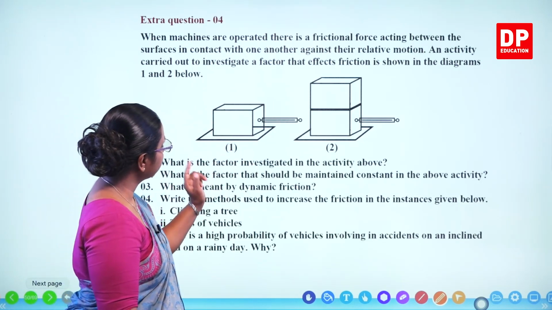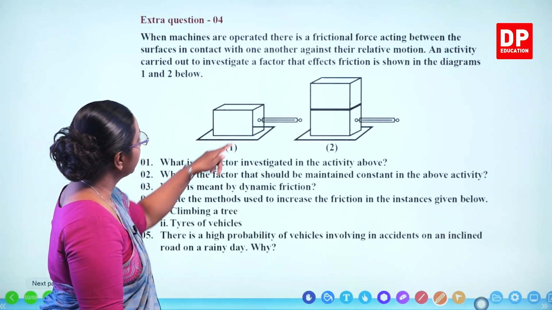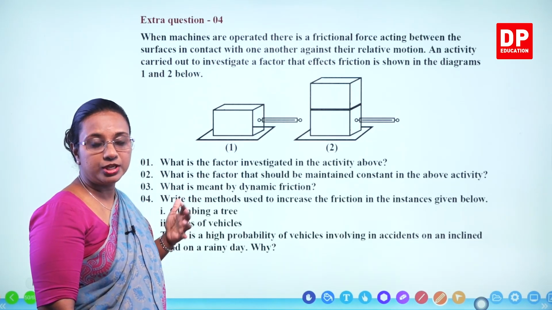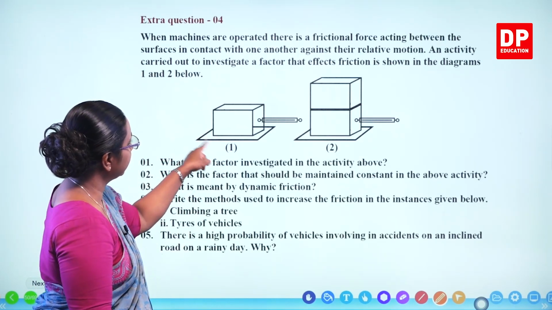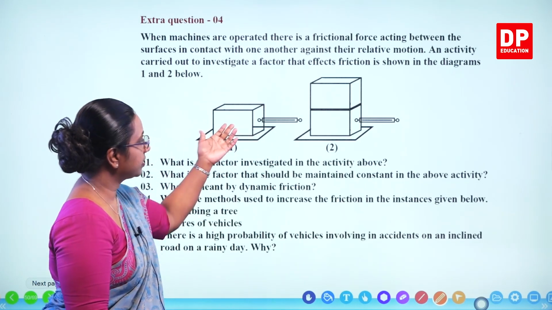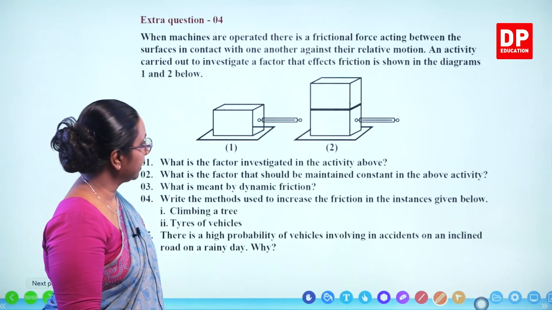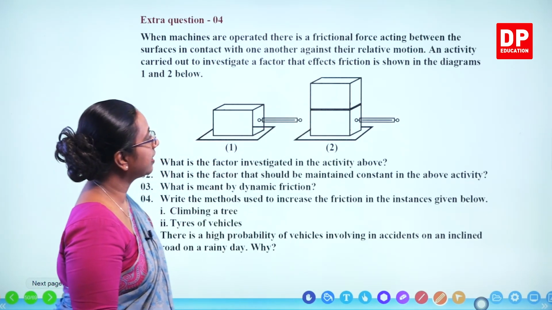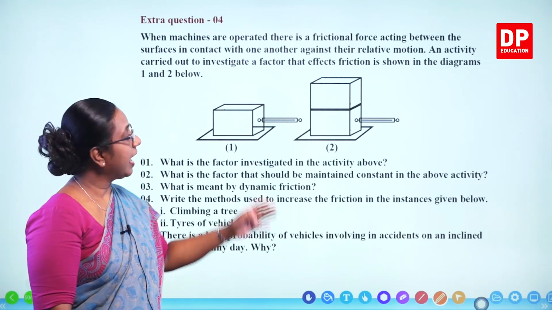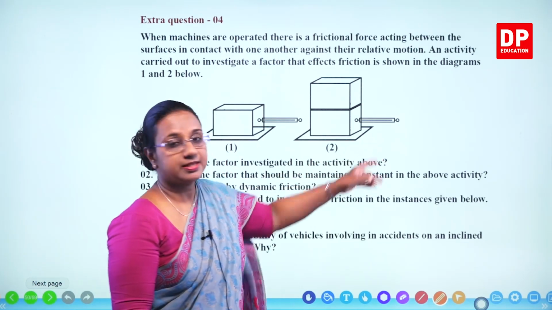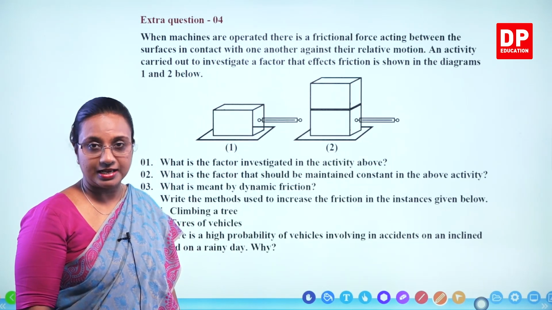Here you can see in the first diagram there is a block. They haven't mentioned whether it's a wooden block or anything, but you can see it is a block, and to that a Newton balance or a spring balance is connected. In the second diagram, you can see that there are two similar blocks, and to the block at the bottom, there is a Newton balance connected.